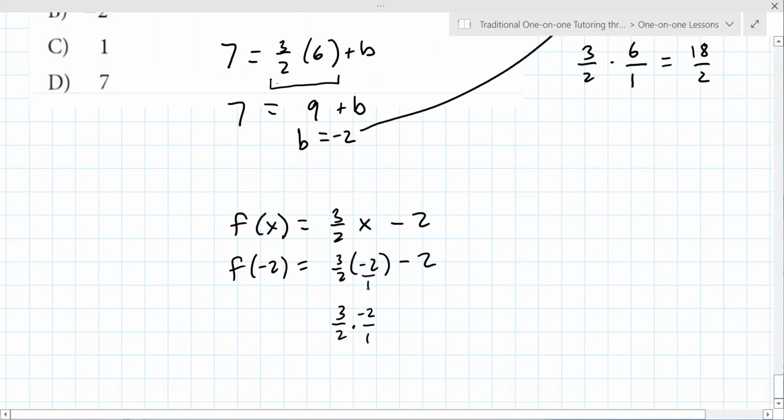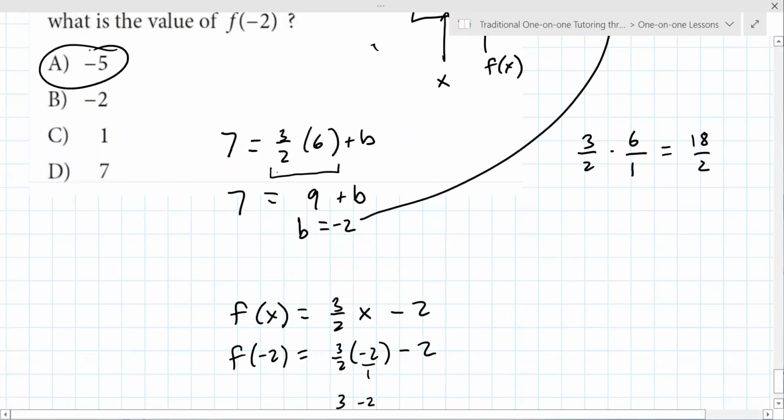Am I supposed to do the fraction first? You should multiply first. Yeah. Multiply before you add and subtract. PEMDAS, my fault. 3 times -2 is -6 divided by 2 is -3. Yes. -5. Yes. -5.